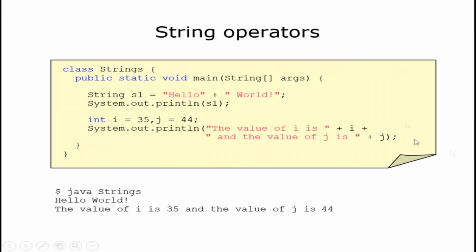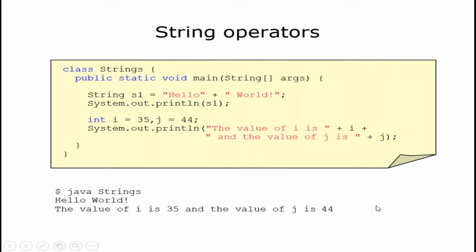So the plus can be used when we are combining strings in printing. The value of i is plus the i. We have the i value 35, which means the string that's going to print is the value of i is 35, and then plus another string, the value of j is, and the last one is 44. So the value of i is 35 and the value of j is 44.